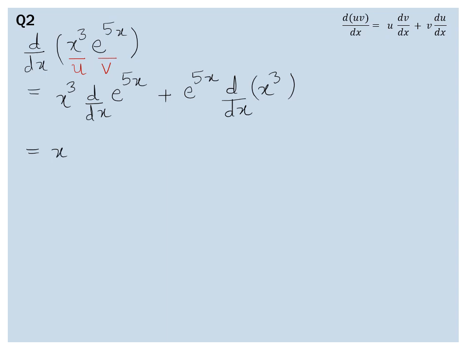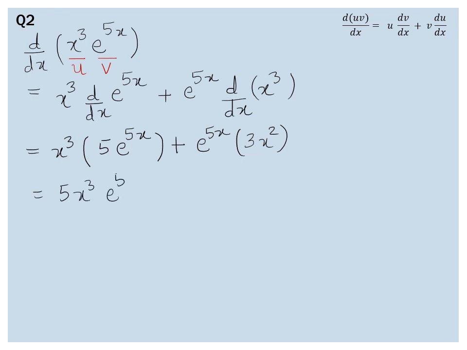So here, writing x cube as it is, and derivative of e to the power 5x is e to the power 5x into derivative of 5x, which is 5. Or else we also know that the derivative of e to the power ax plus b is a into e to the power ax plus b. Writing this e to the power 5x as it is here, and derivative of x cube is 3x square. So this is 5x cube into e to the power 5x plus 3x square into e to the power 5x.